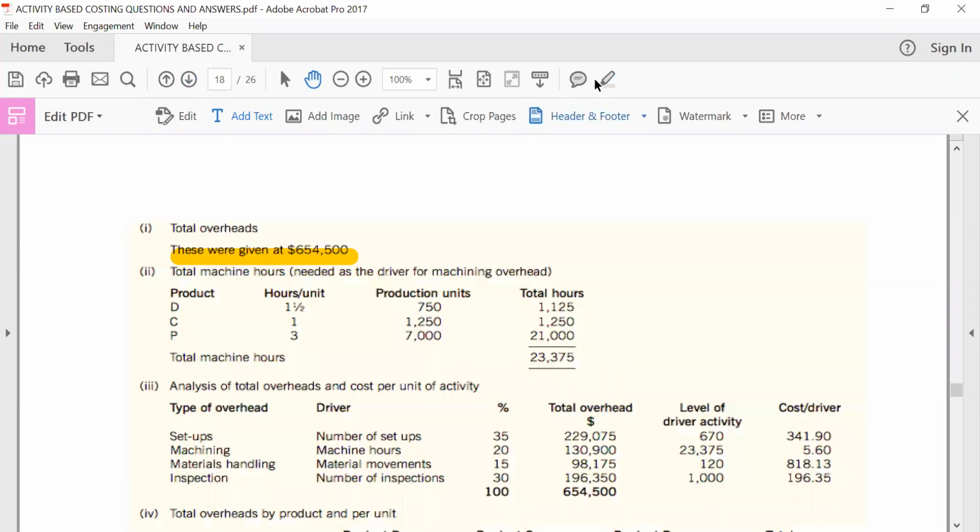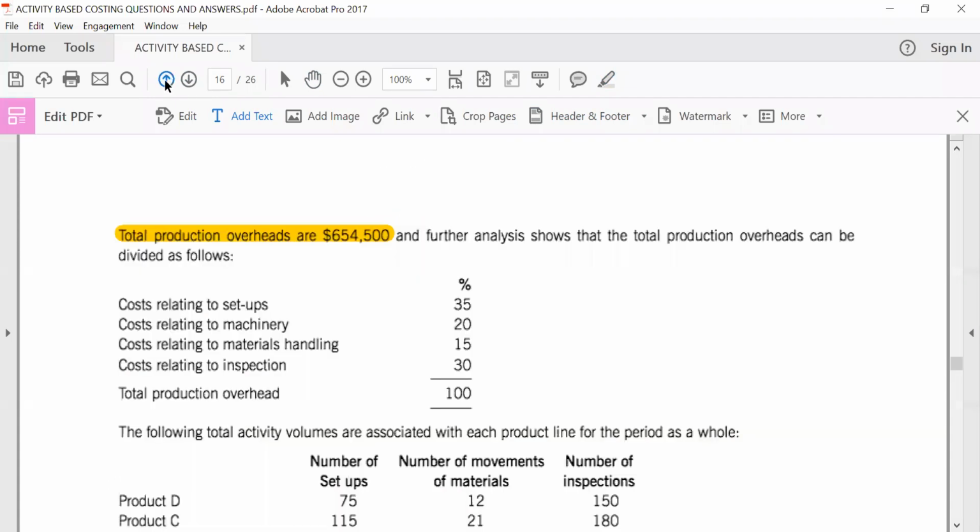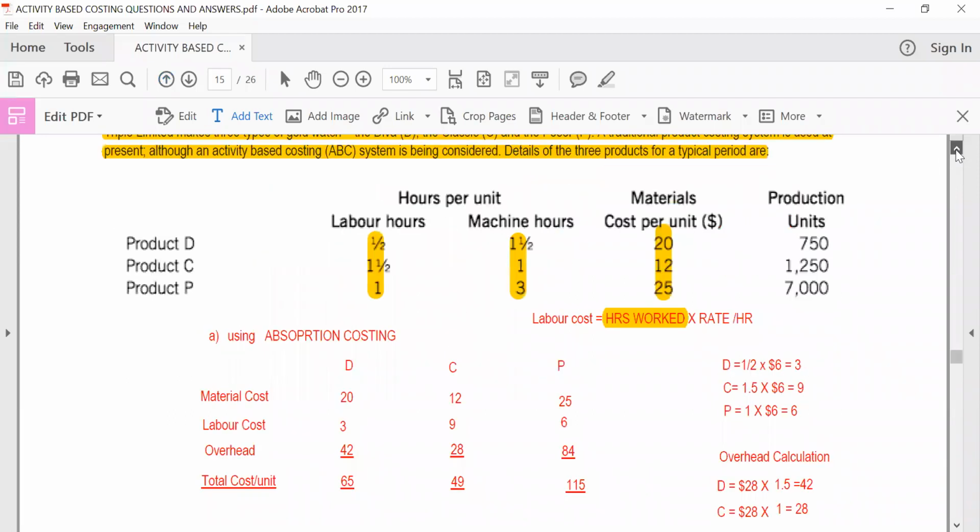So we come to step 2. The first one is cost pool. So the cost pool in total is 654,500, but you have the breakdown of that 654,500. The examiner gave it to us. Let's go and see where that information came from.